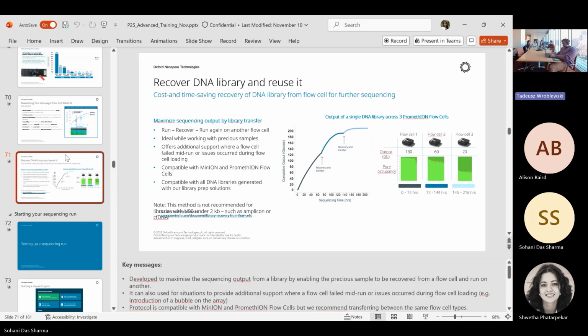I can share the protocol, and you can keep it at 4 degrees. Before you store it, you can check how many pores you recovered. Let's say now it has 100 pores. It started at 8,000. You will never recover 8,000, but even if you recover 50%, it is good.